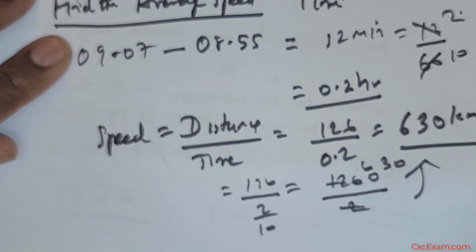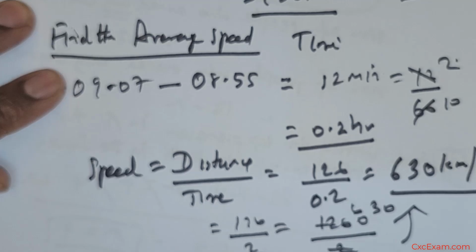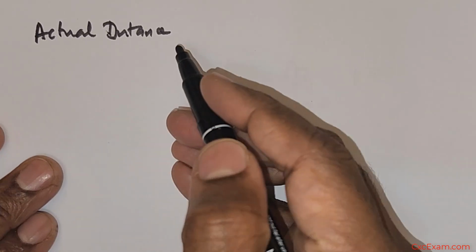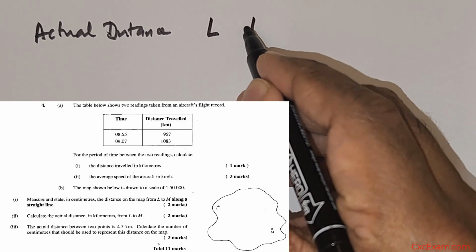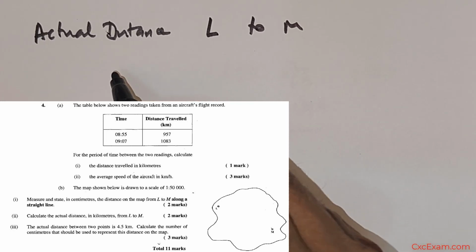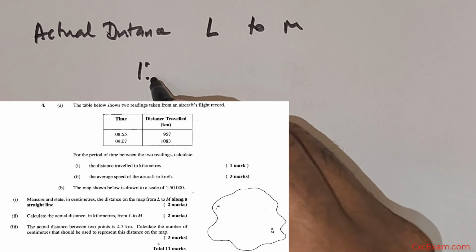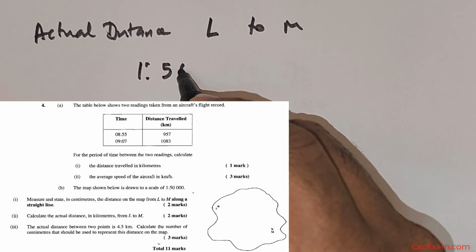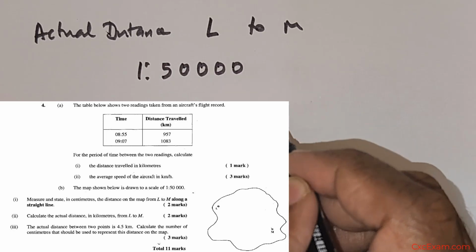Okay, so we go on to the next one. Now you are asked to calculate the actual distance between L and M on the map. We are given the scale 1:50,000.